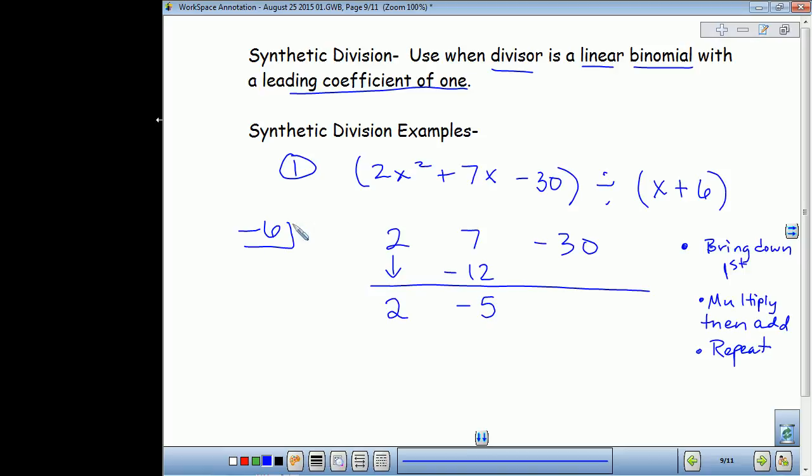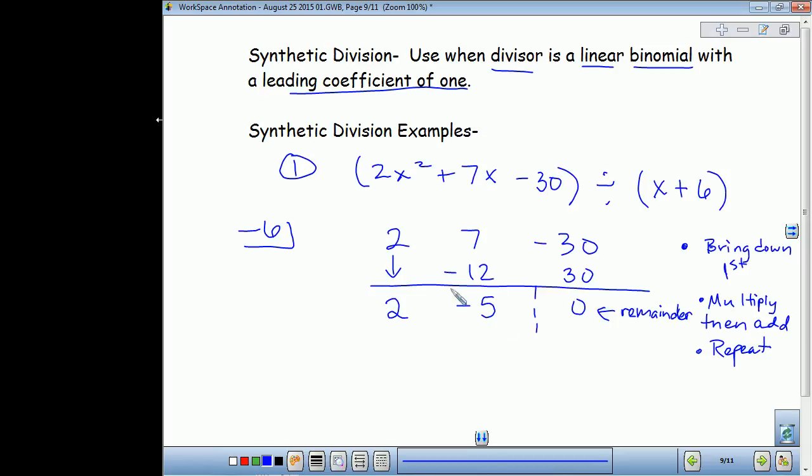Repeat. Multiply. Negative 6 times negative 5 is 30. Now we're going to add 0. The last result is always your remainder. So this one has no remainder. Okay?